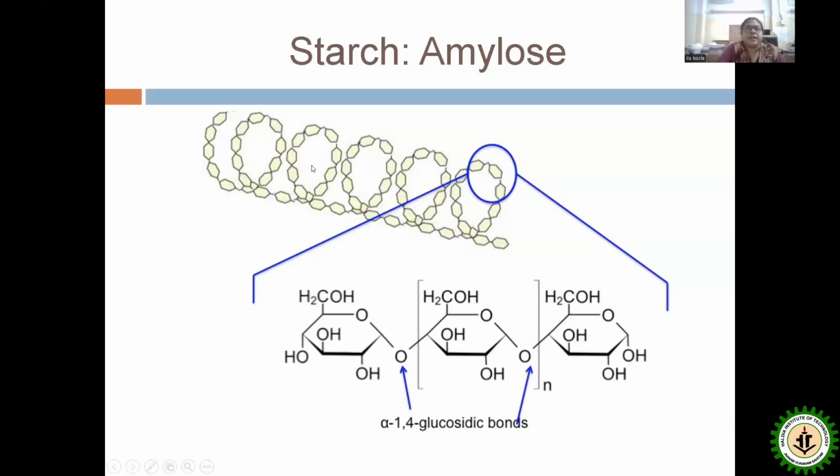You can find here that individual glucose molecules are joined through a straight chain, and when a portion of this amylose molecule is shown through the glucose units, you can find that the first carbon of one glucose molecule is joined with the fourth carbon of another glucose molecule to form this polymer.